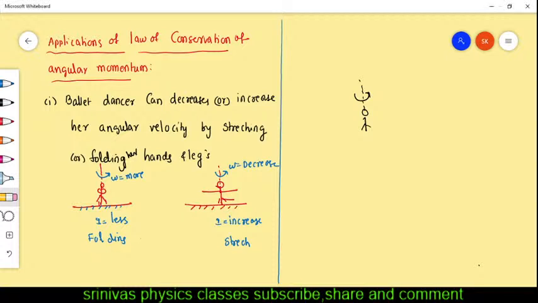You see, this is the one application. It was very simple. According to the law of conservation of angular momentum, what happens? Angular momentum I omega should be constant if external torque is 0. If tau is 0, then angular momentum is constant.